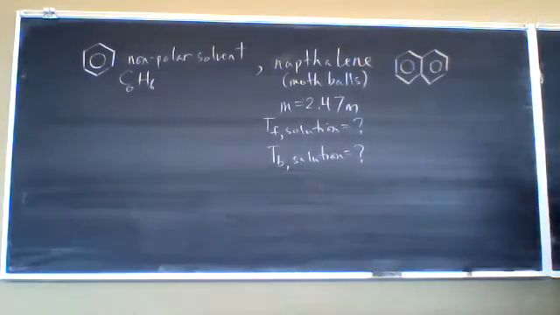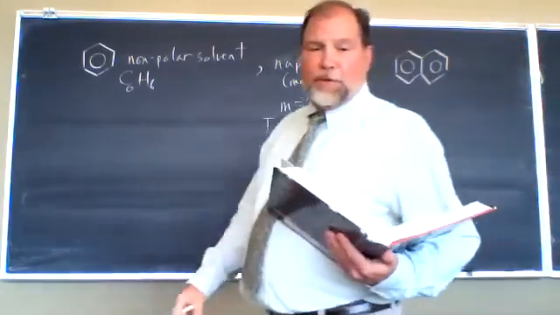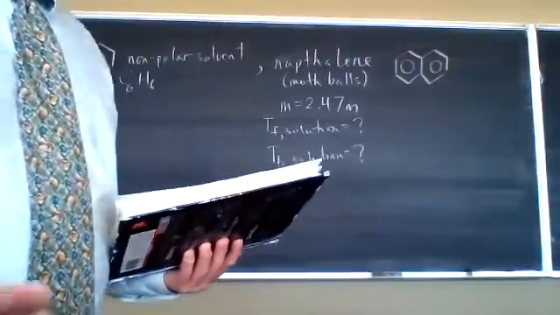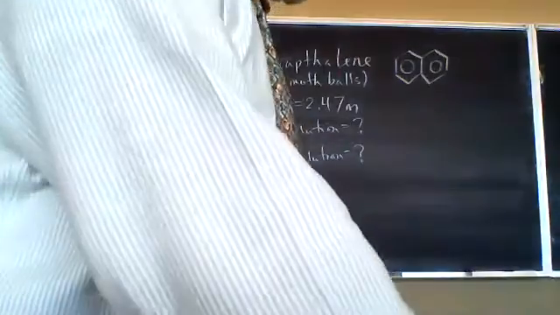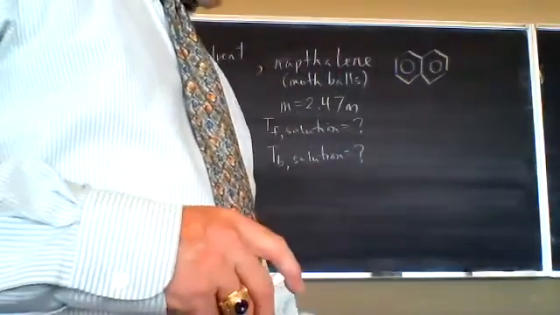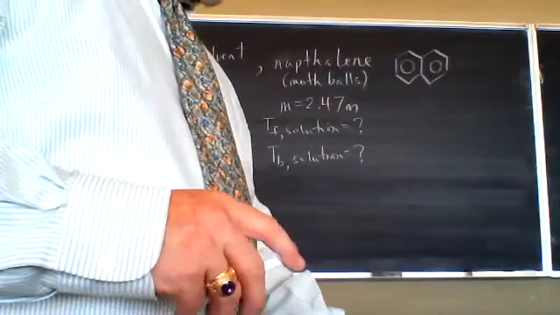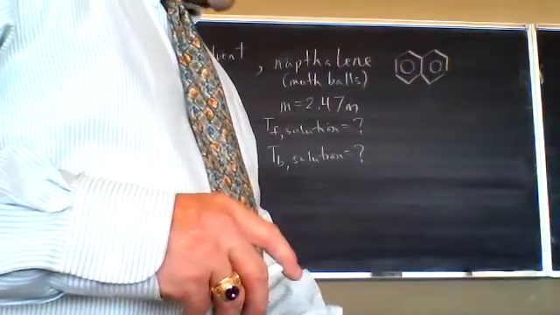And so we're going to use the equation that we just made a moment ago, that the change in the temperatures is equal to the molality times the K values. And so for benzene, let's get those values.